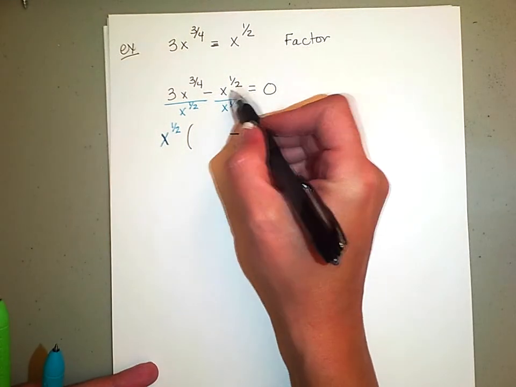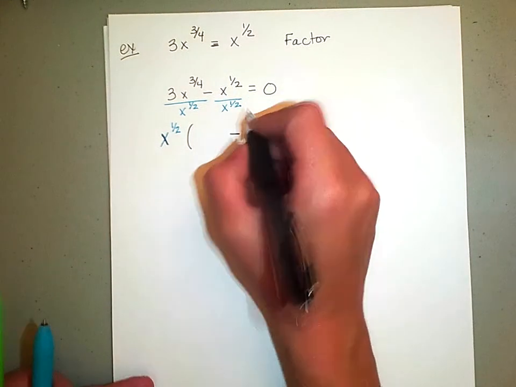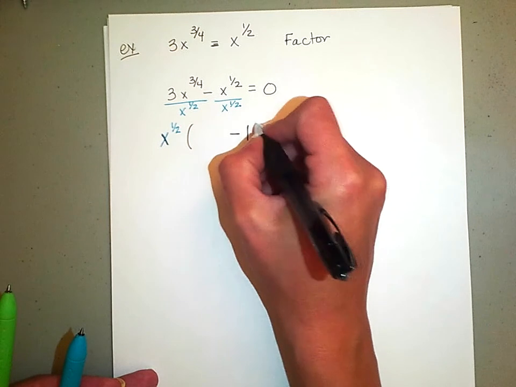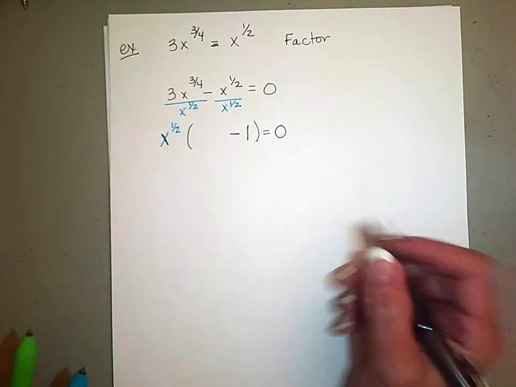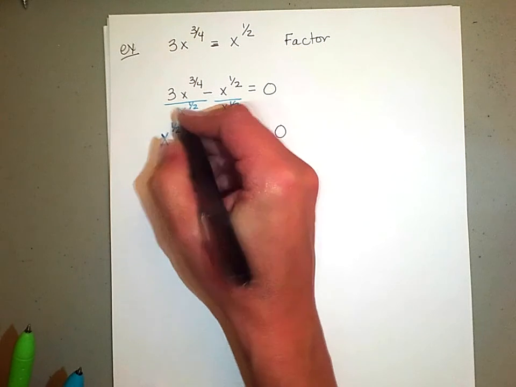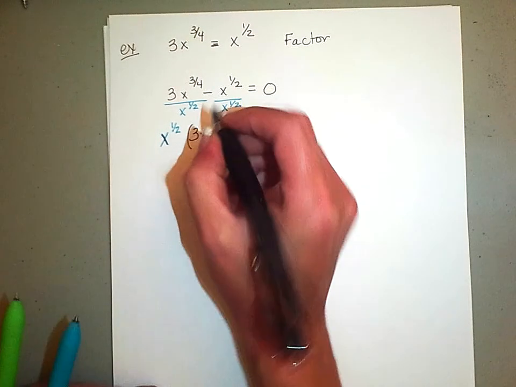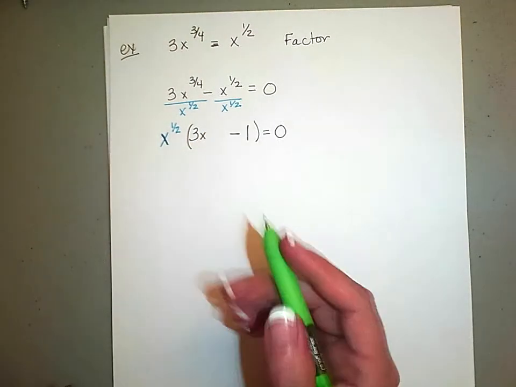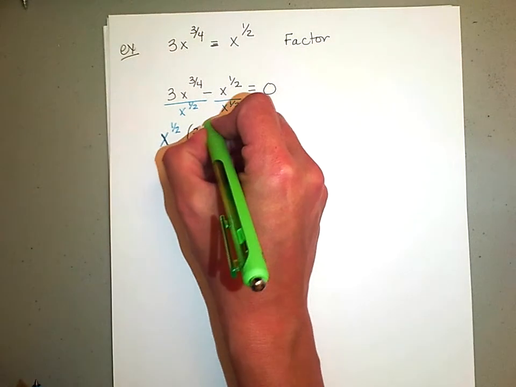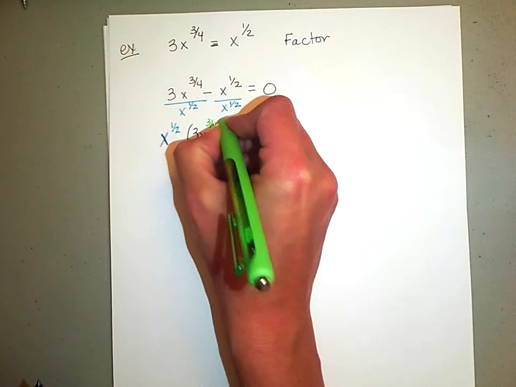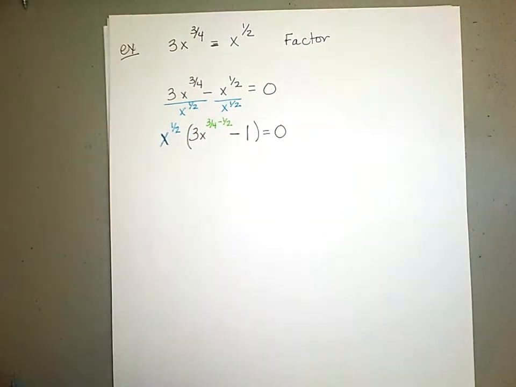So in our second term, x to the 1/2 over x to the 1/2, well, that's just the number 1, equals 0. Here, the 3 will stay, and remember that when I'm dividing with like bases, we have to subtract the exponents.